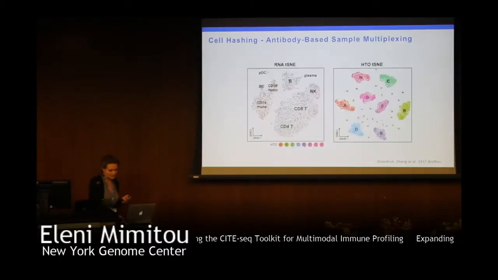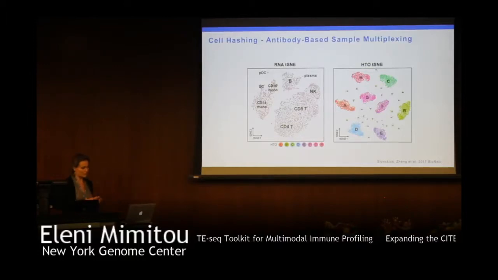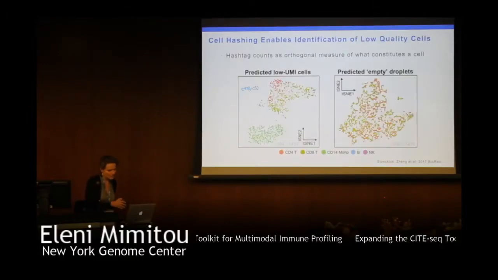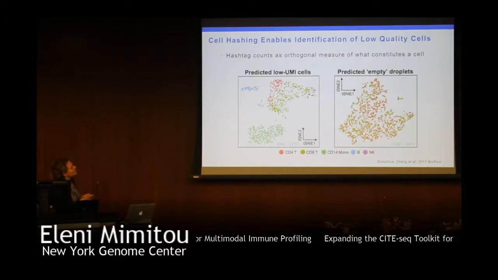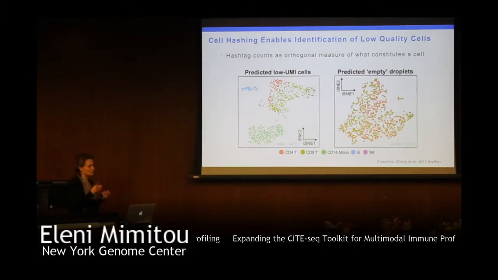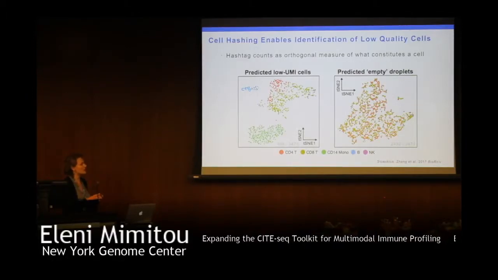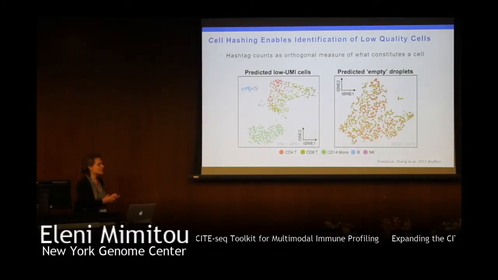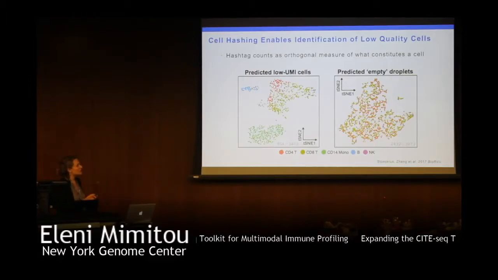And again, as I touched on, one application that I find really useful is that we can use hashtag information as a way to filter, to retain cells that were discarded as low UMI cells, but actually have important information. In this example, there are about 3,500 cells that were considered low UMI cells that could have been empty droplets.